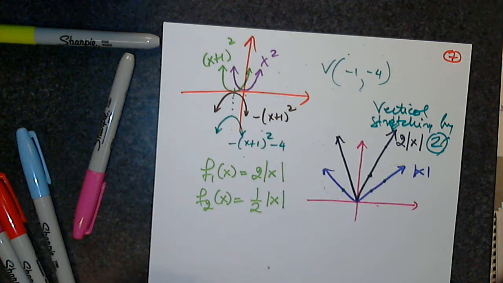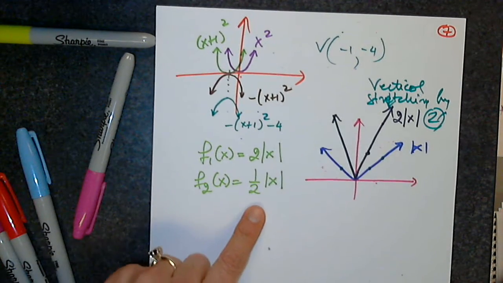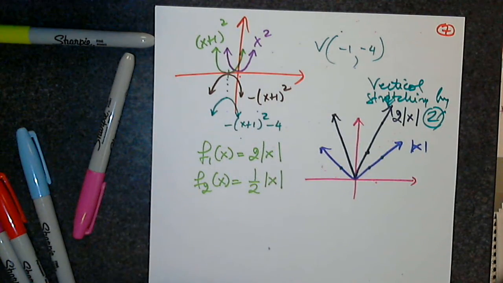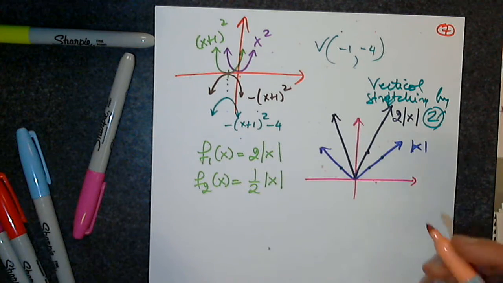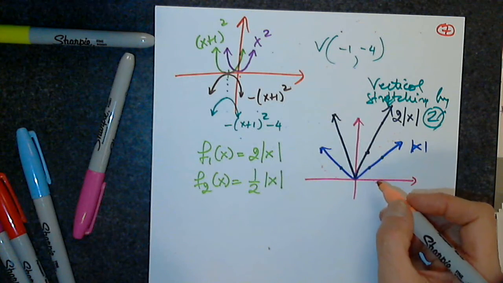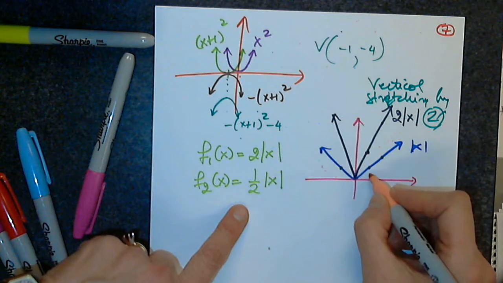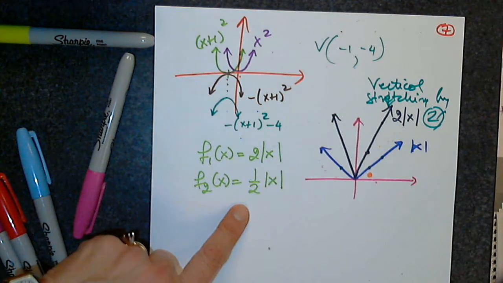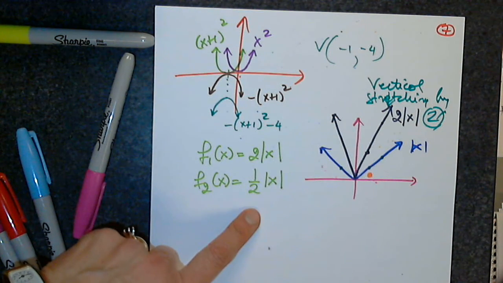Now, please give me a couple of points for the other one. Make up 2 points for this one. When x is 1, y is 1/2. When x is 2, y is 1.